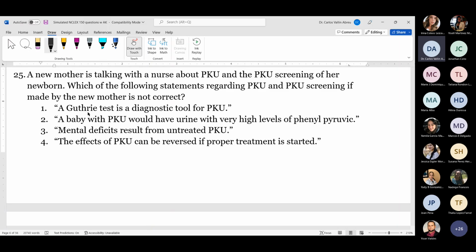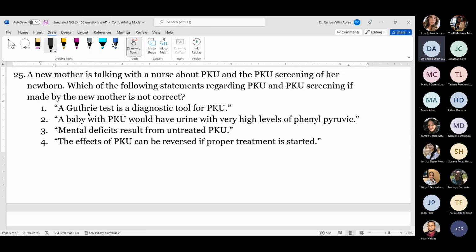And there is a long, but really long list of diseases that probably you have never heard before, like maple syrup disease, okay? Short chain fatty acid disease, galactosemia, etc. Those are metabolic diseases that are rare, but like PKU can produce mental retardation mainly, and can be managed.